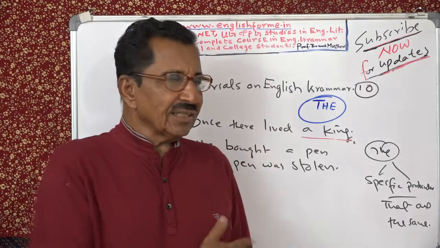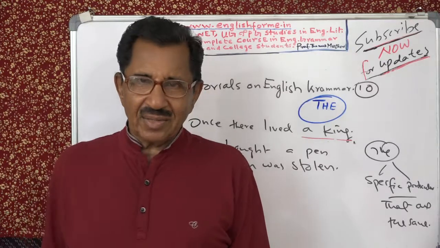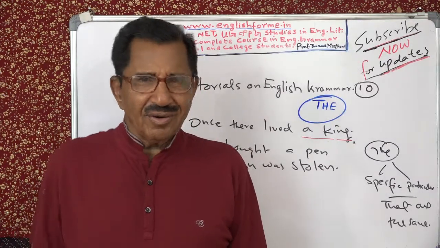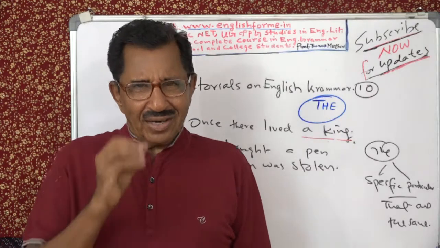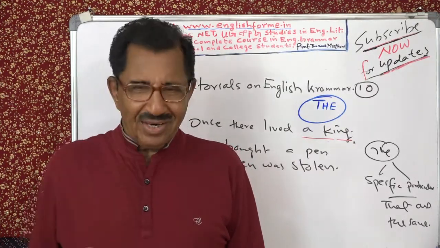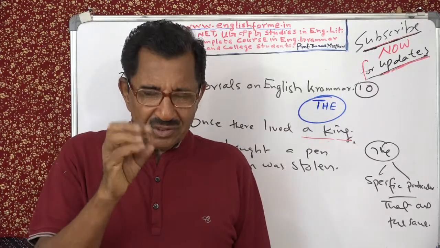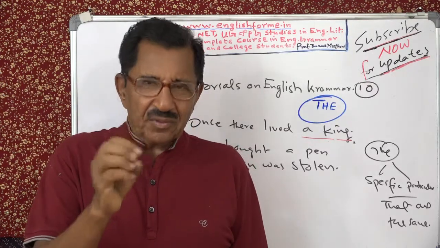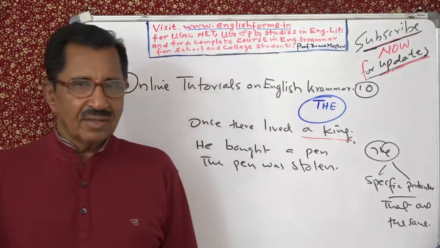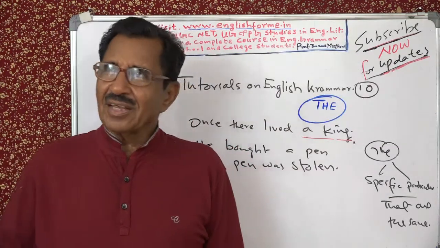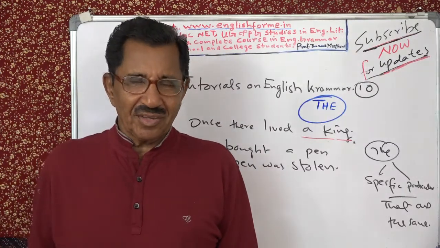Otherwise, you say something today and then tomorrow you say something else, or you don't want to keep the connection, then don't enter into such kind of debates. You understand it in a very simple way like this. If you want to particularize or specify that person about whom you spoke, then you should use the. Don't get into this kind of imaginary problems and so on. Why should we waste our time on that?